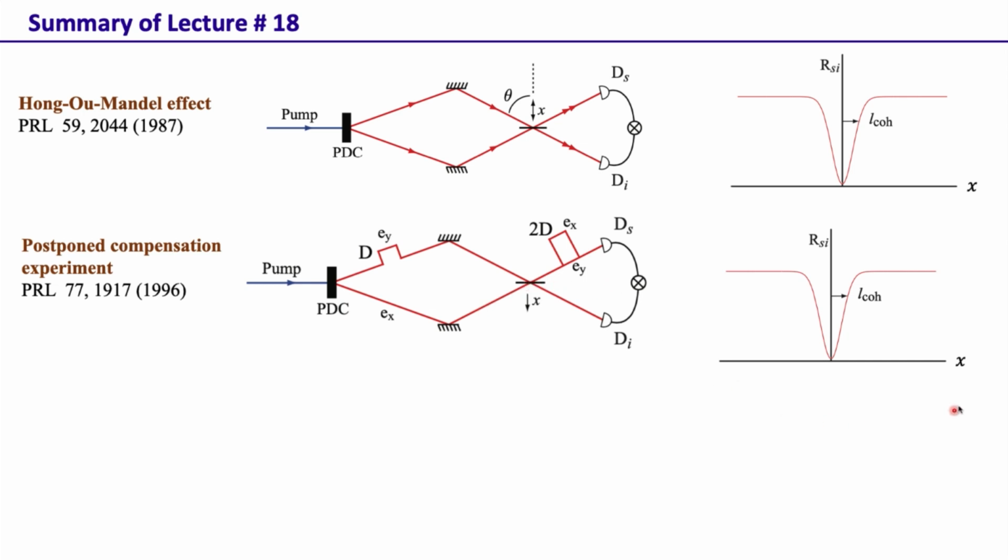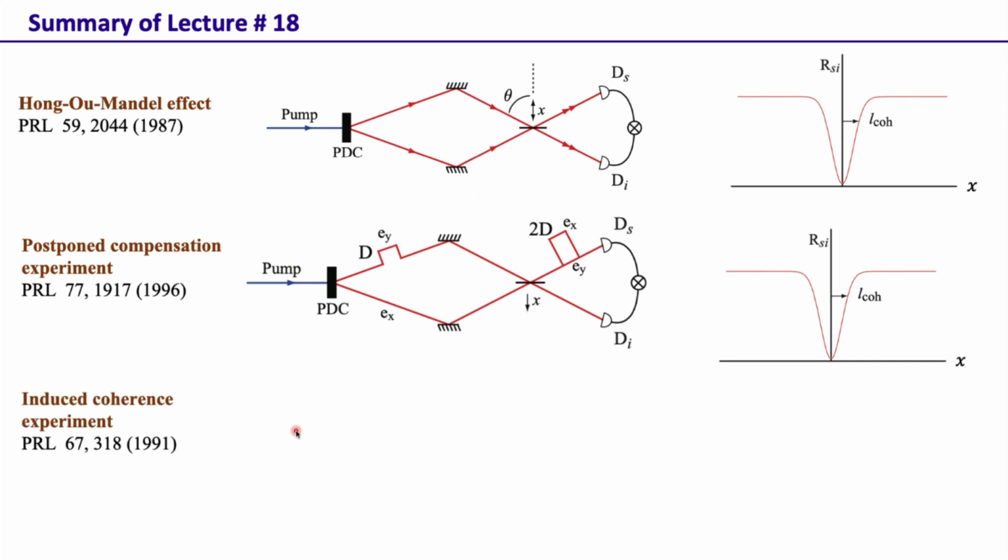So this experiment confirmed that even if the entangled photons do not arrive simultaneously at the beam splitter, one can still see the Hong-Ou-Mandel effect. This effect is part of the bigger picture in which we understand two-photon interference, and the bunching interpretation particular to the Hong-Ou-Mandel effect is just one interpretation. It is not the generalized explanation.